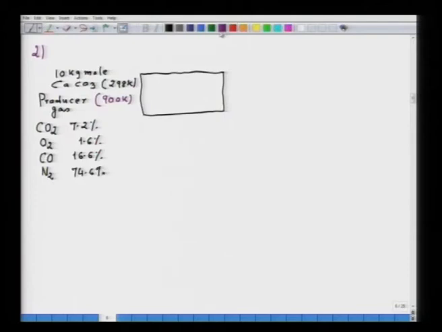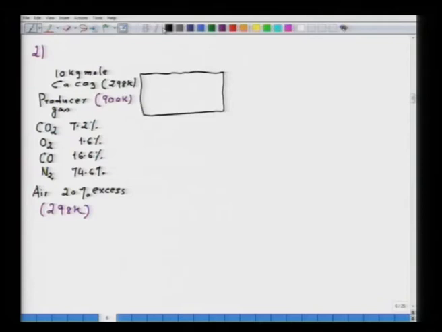Now, the problem says further that air is 20% excess. That means you use 120% theoretical air, and the supply temperature of air is 298 Kelvin. That is what is given.